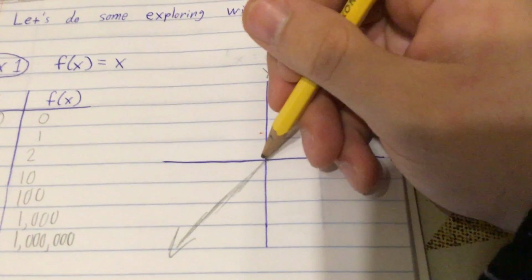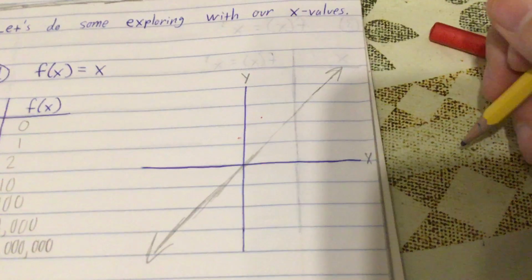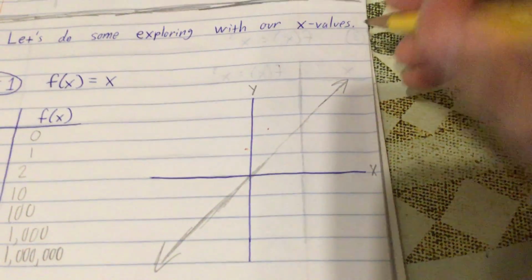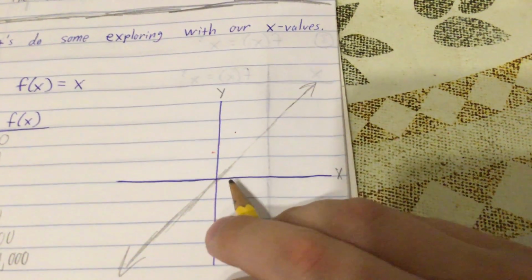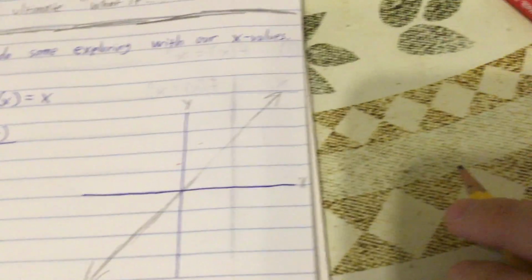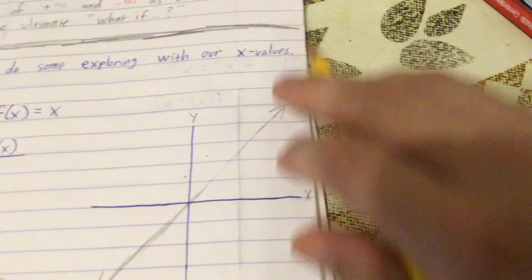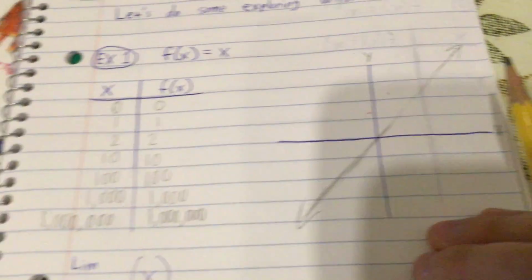But notice, as x gets closer and closer to positive infinity, y also rises to positive infinity. So as x gets to infinity, y gets to infinity. In other words, when x becomes the biggest number humanly possible, off this notebook and on my table, y goes way off this paper to positive infinity as well.